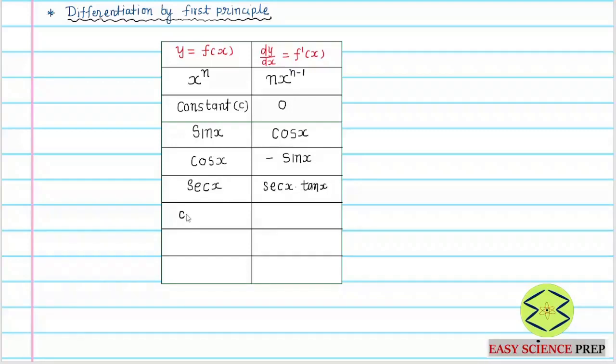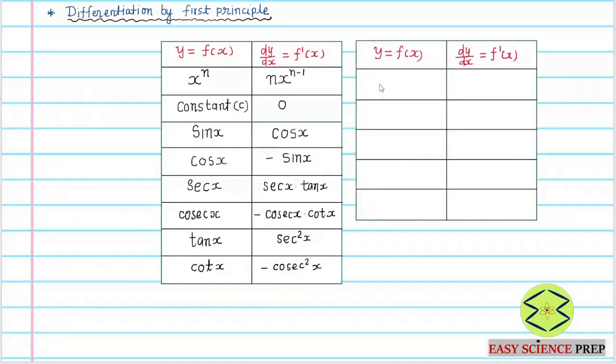And if you take cosecant of x, it will be minus cosecant of x cotangent of x. We can also see that the derivative of tangent of x is secant square x, and the derivative of cotangent of x is minus cosecant square.